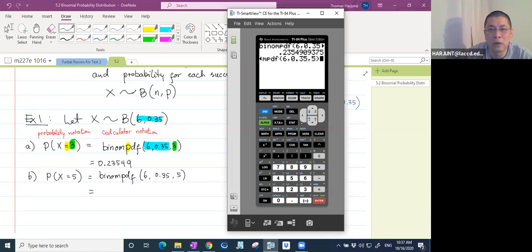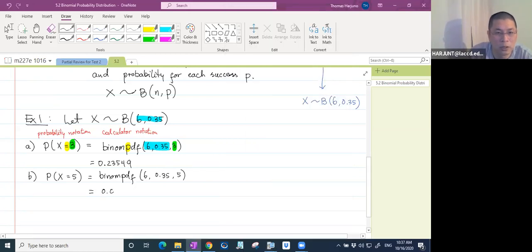Now then you will see the calculator notation. Then when you press enter from there, you will get the probability of getting 5 tails when you toss it 6 times, 5 of them tail, which is 0.02048.